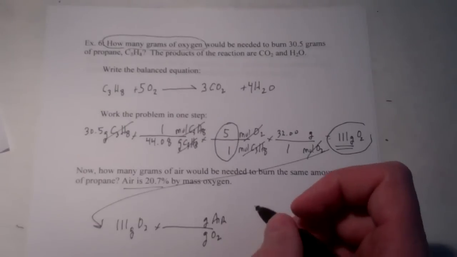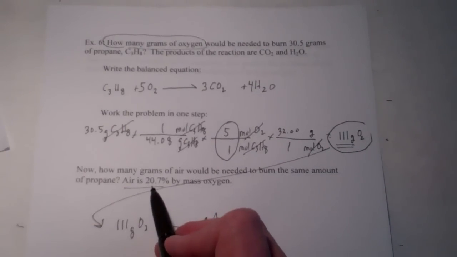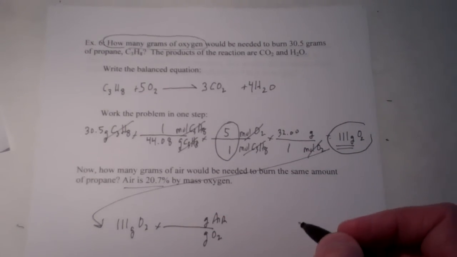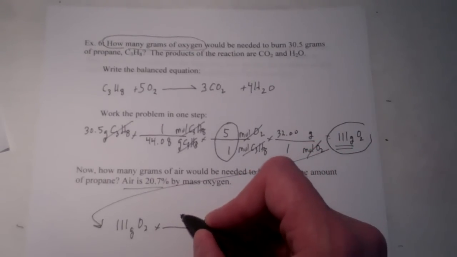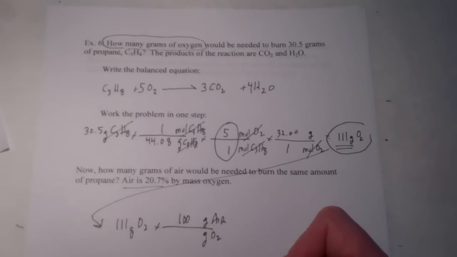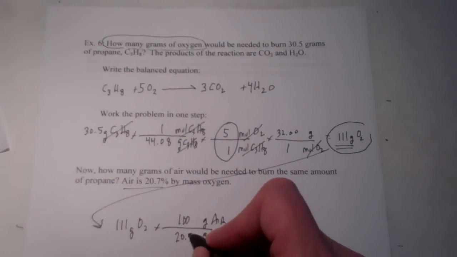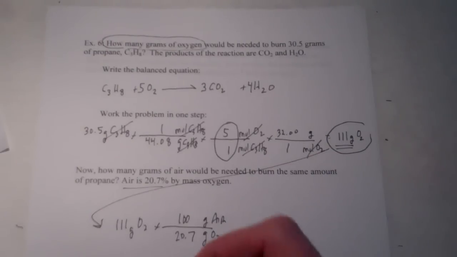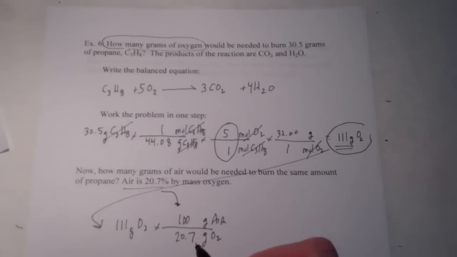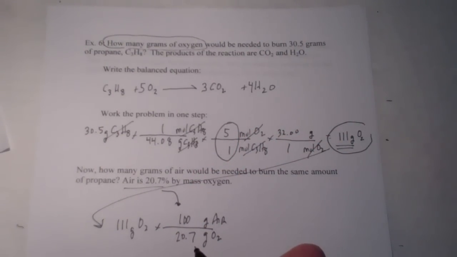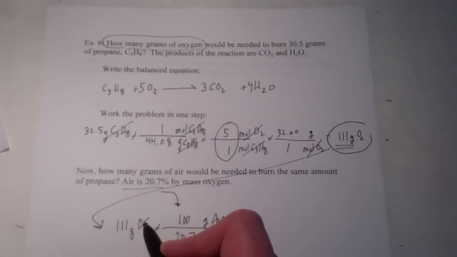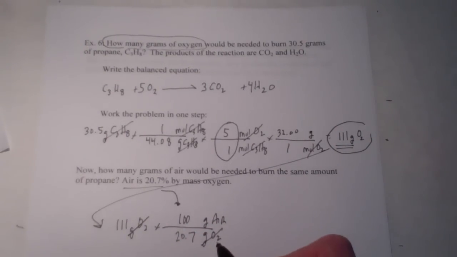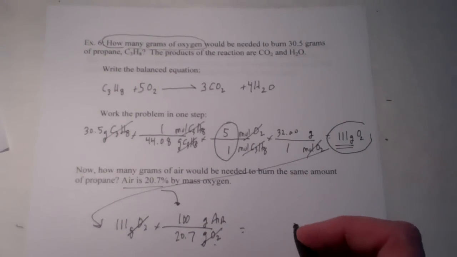Now, isn't it true, if air is 20.7% by mass oxygen, that if I had 100 grams of air, wouldn't 20.7 grams of it be oxygen? Right? That's 20.7%. So, I've used a conversion factor to go from grams of oxygen to grams of air.